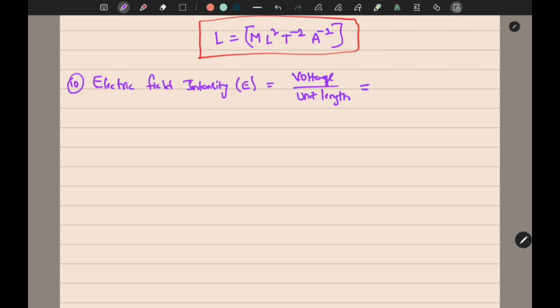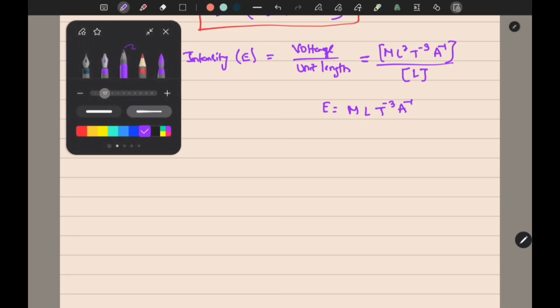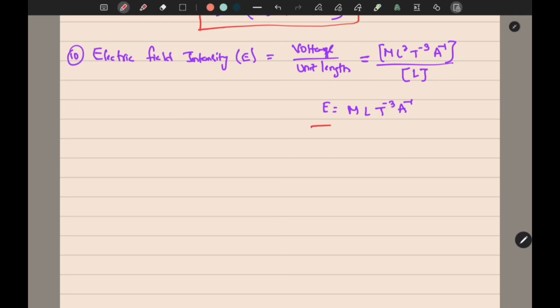The dimensional formula of voltage is M L square T power minus 3 A power minus 1, and the length dimensional formula is L. From this, the dimensional formula of electric field intensity we get is M L T power minus 3 A power minus 1. This is the dimensional formula of electric field intensity.